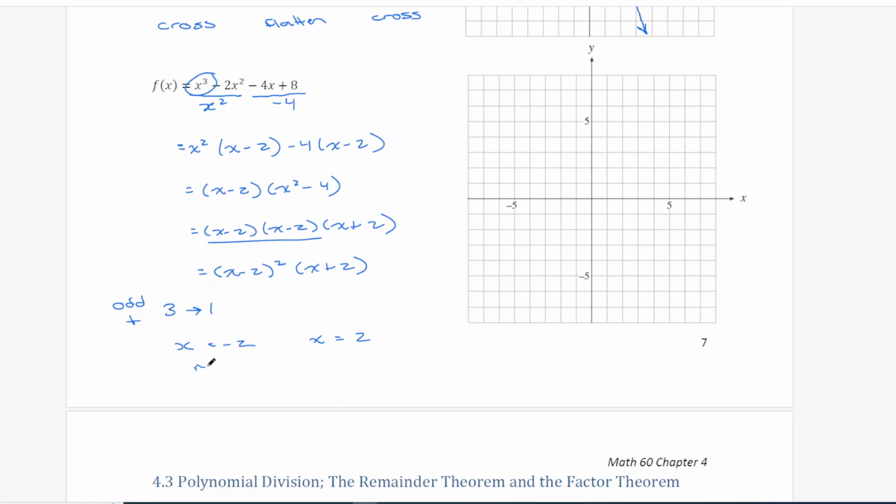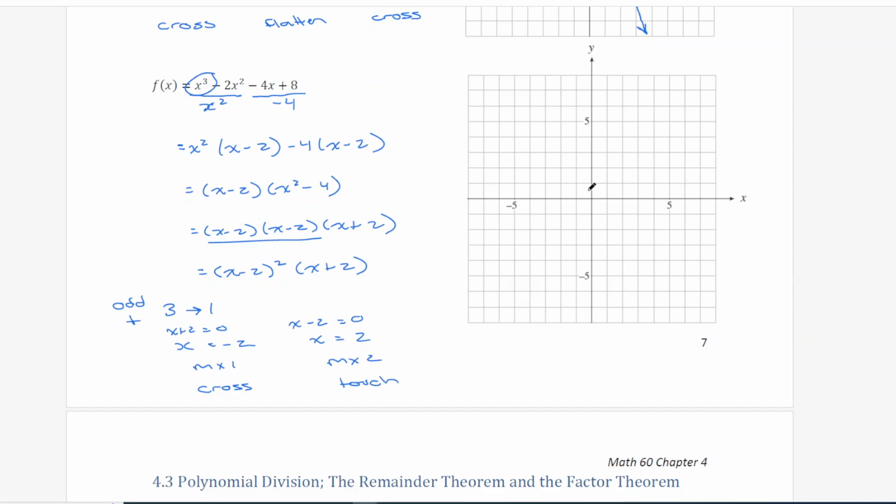Negative 2 has a multiplicity of 1. And I've kind of dropped that step, right? So this one came from x plus 2 equals 0, right? This one came from x minus 2 equals 0. And this one has a multiplicity of 2.